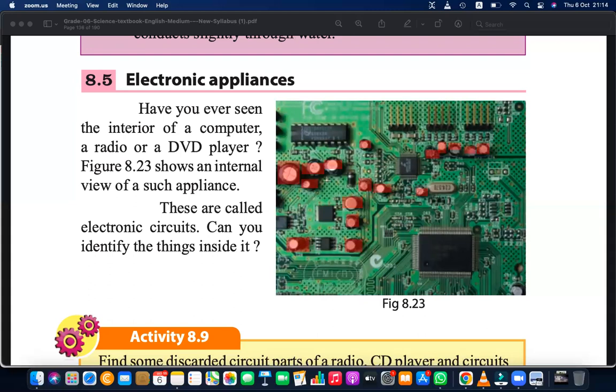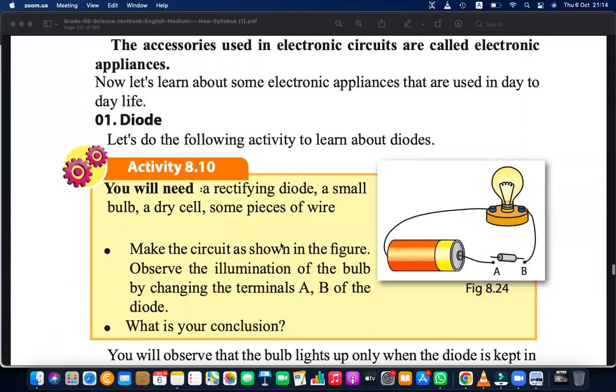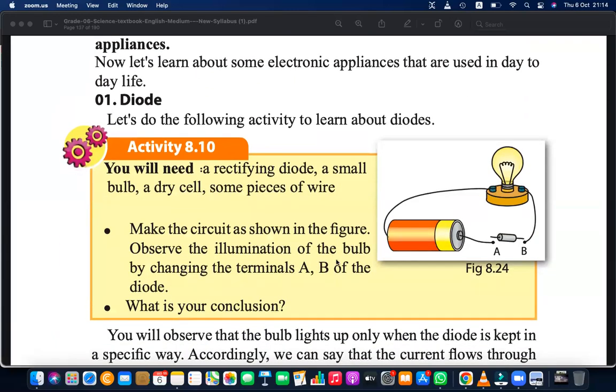So you can see capacitors, ICs, and several conductors which will send the current, diodes, and insulators which will block the current. All these things are there in this. Okay, let's learn about them one by one. Diode. So a diode is basically a rectifying diode, a small bulb, and some piece of wire.